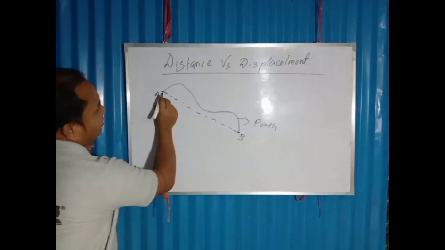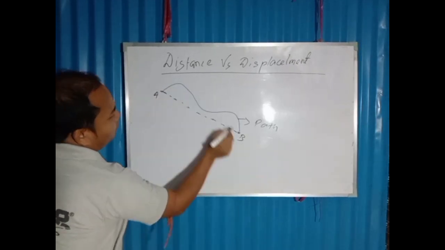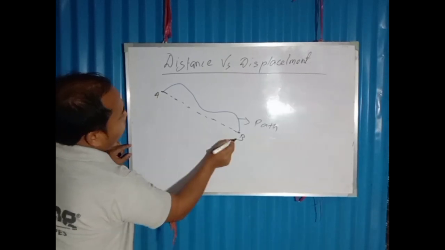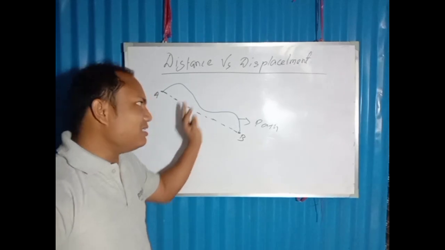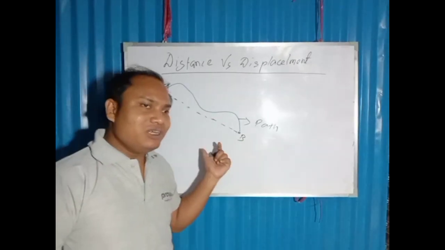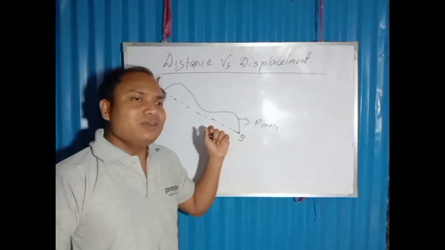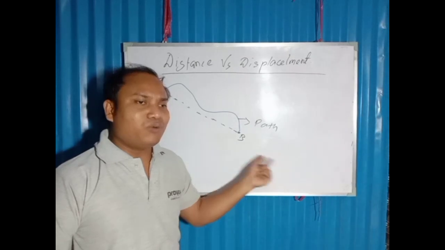When a body travels from A to B, the minimum distance between A and B is called the displacement of that body. Body displacement is nothing but the change of the position of the body.